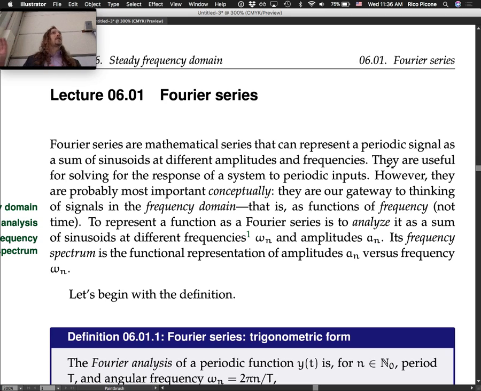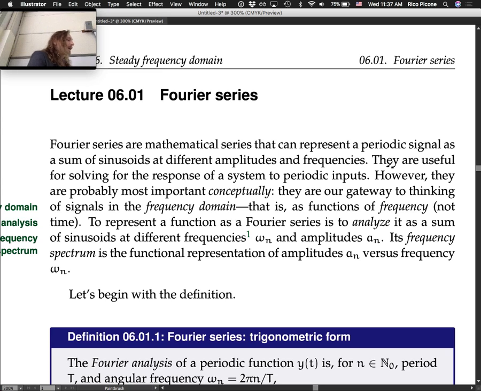If we think of a function as that, then it excites a system at those frequencies. If it's an input to a system, that signal, that function, it's going to excite a system at those different frequencies, okay? And a given system is going to be maybe more responsive or less responsive to different frequency components that come in through the input.